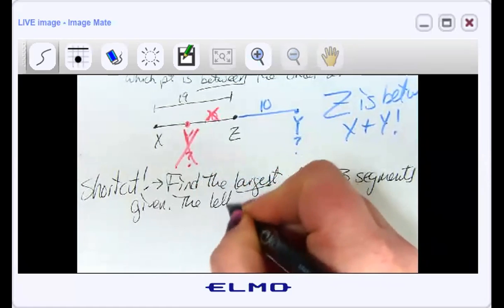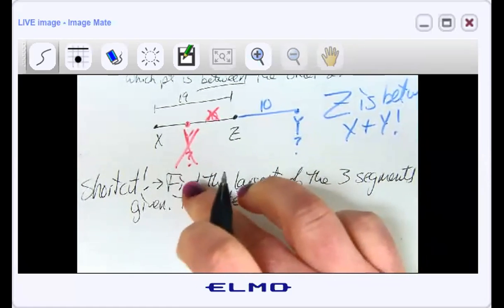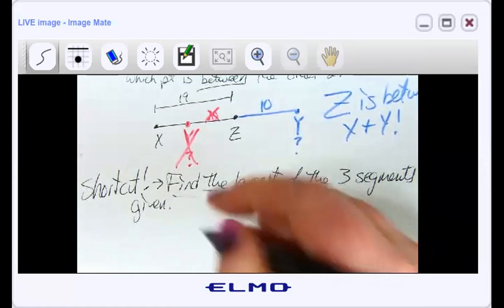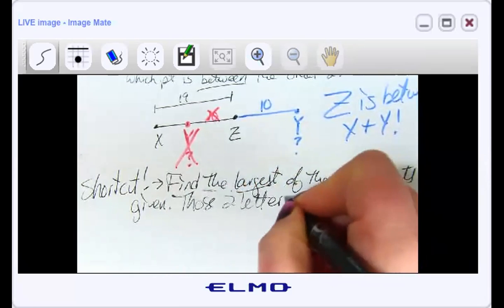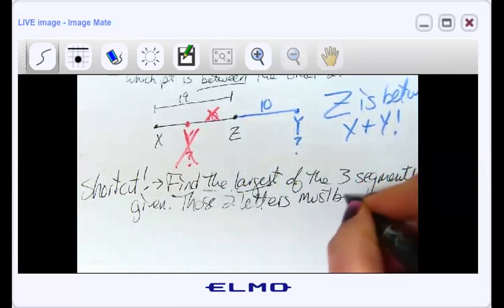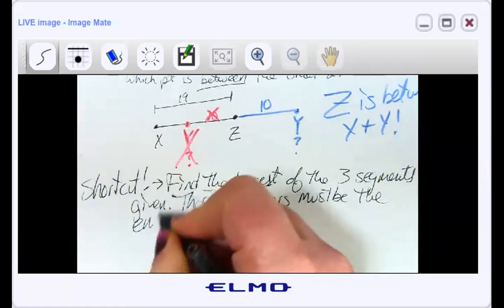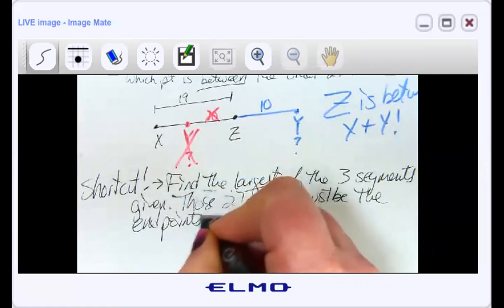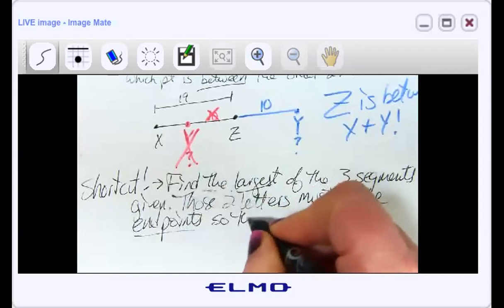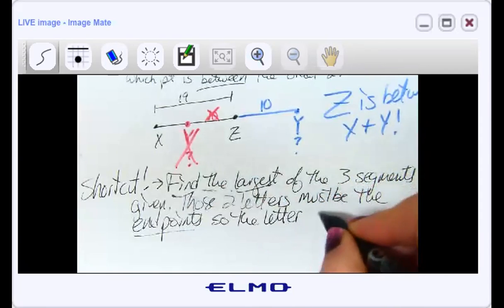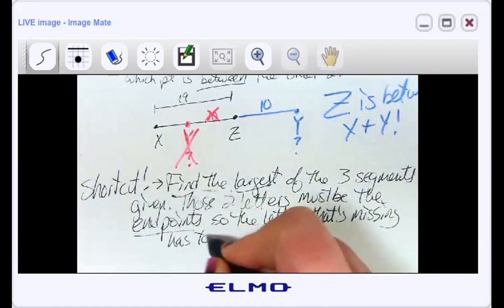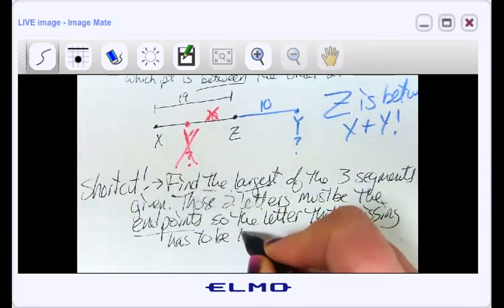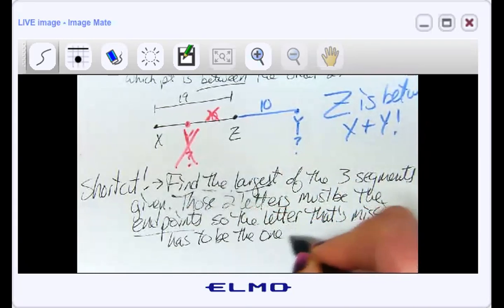Those 2 letters must be the endpoints. So the letter that's not there, the letter that's missing, has to be the one between them.